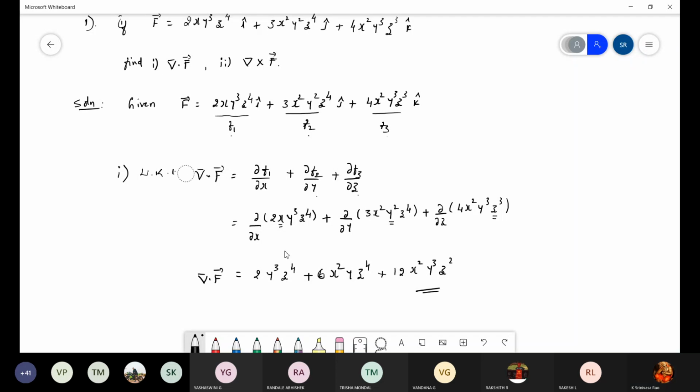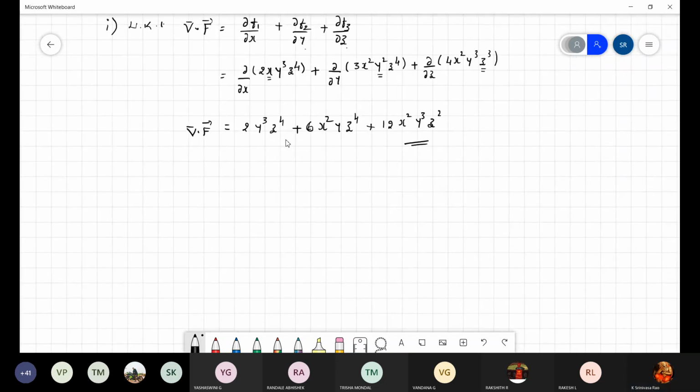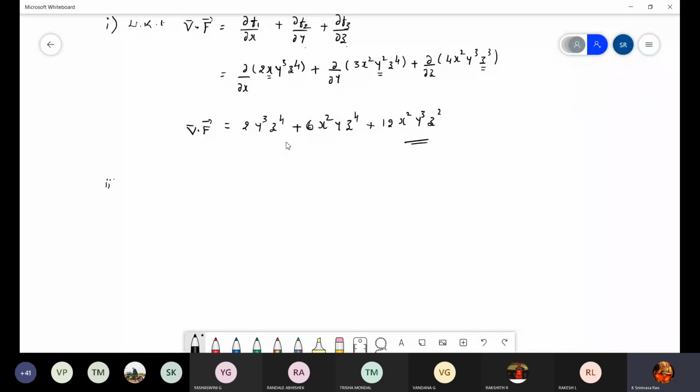We know that curl f, del cross f, equals the determinant with i, j, k as the first row, then the component of the first vector: dou by dou x, dou by dou y, dou by dou z, and I will write for this problem f1, f2, f3. For next problems, you can write directly. You can substitute what is f1, f2, f3, so you can avoid this step.